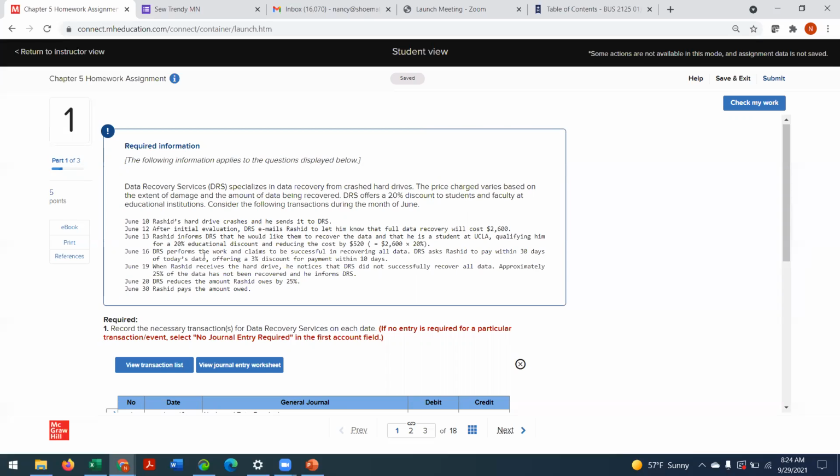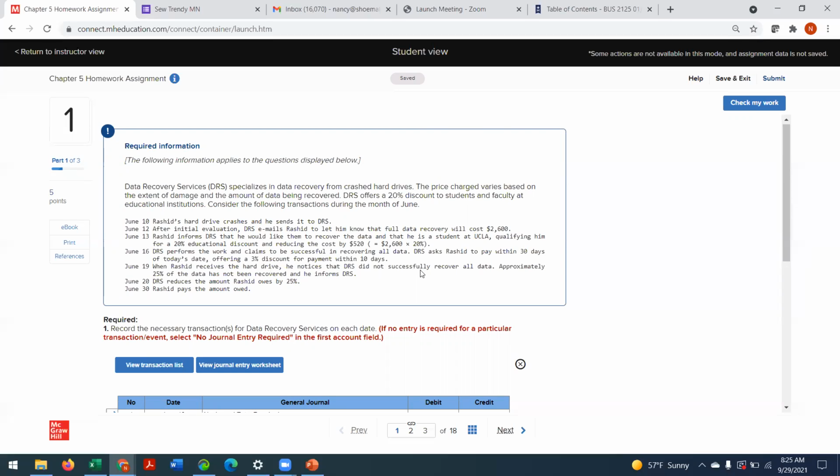Then it says, DRS performs the work and claims to be successful in recovering. That's the one I wrote on June 16th. Then on June 19th, when Rashid receives the hard drive, he notices that DRS did not successfully recover all data.